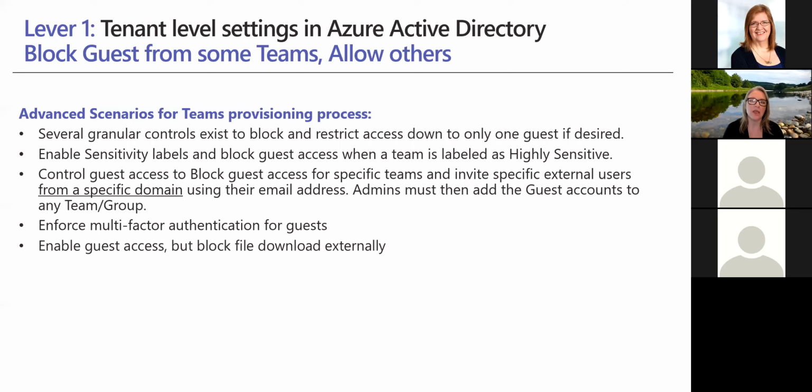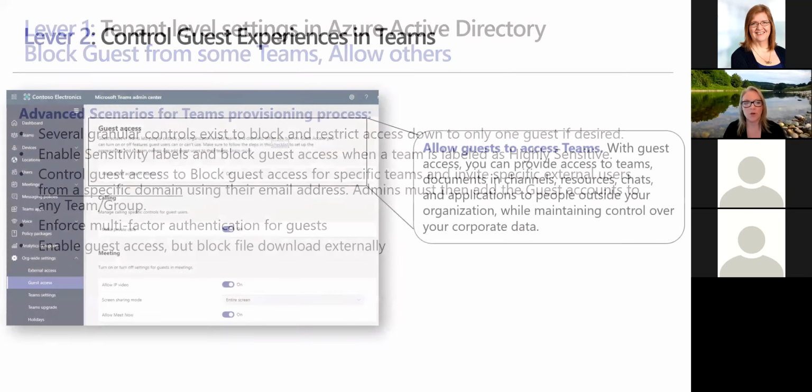And, I think equally important, if you want to restrict file download or file print from a guest, you can do that too, enabling guest access but blocking file download externally through conditional access. All right, so let's move on to lever two.